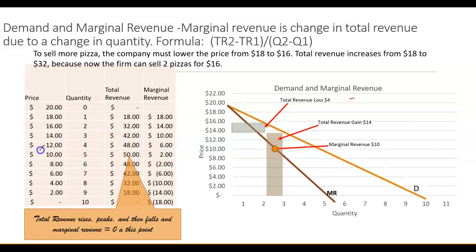So I went from $12 to $10. I'm selling 5 units now. So 10 times 5 gives me $50 worth of total revenue. So definitely that's better than the previous amount. And my marginal revenue, well, my 5th unit only added $2 worth of revenue, right? So there's my marginal revenue. And I continue to do this.